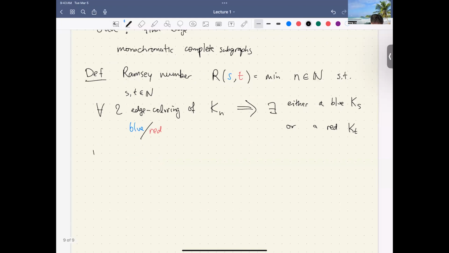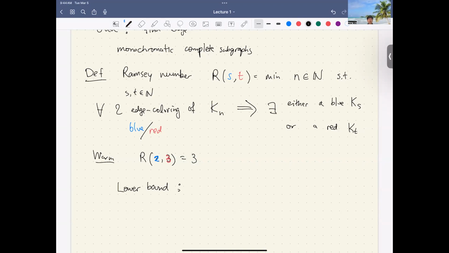Let's do a very easy warm up. Let me prove to you R(2,3) is 3. Okay, this is blue, this is red. So first of all, how do we prove a lower bound? A lower bound for a Ramsey number is by construction, right?